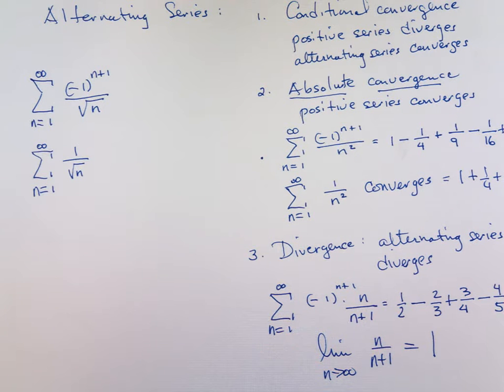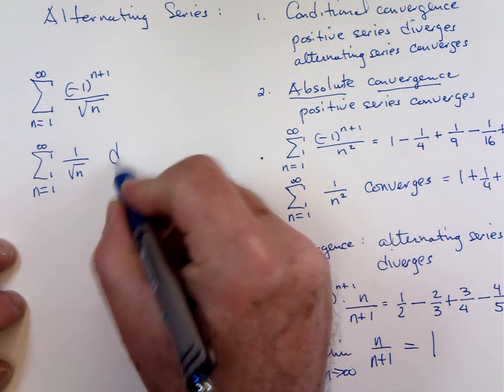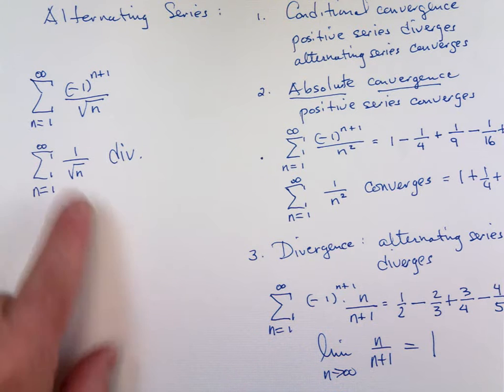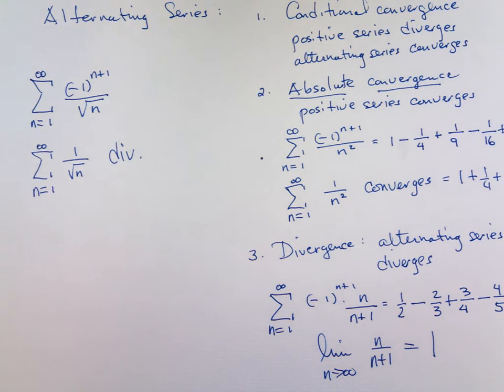It diverges because the difference in degrees is only 1/2. Not good enough. So this diverges. That rules out absolute convergence. That's out of the question now. We either got conditional convergence or we have divergence. The next thing to do is to test to see if it passes the alternating series test. If it passes that, we got conditional convergence. If it fails that, we have divergence.